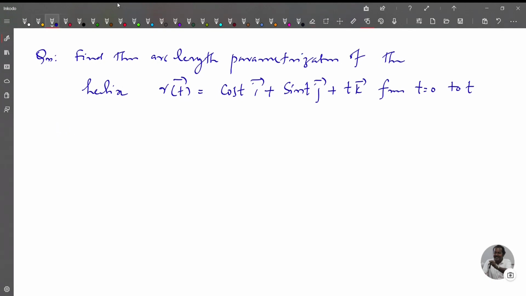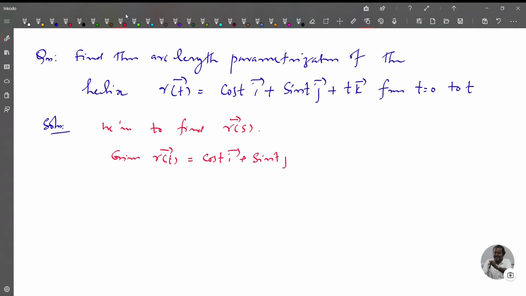Solution: we have to find r of s. Given r of t equal to cos t i plus sin t j plus t k. So first we find the arc length parameter s.